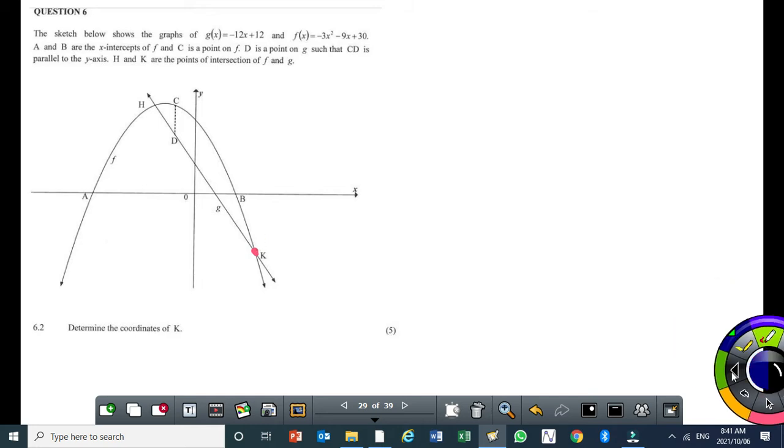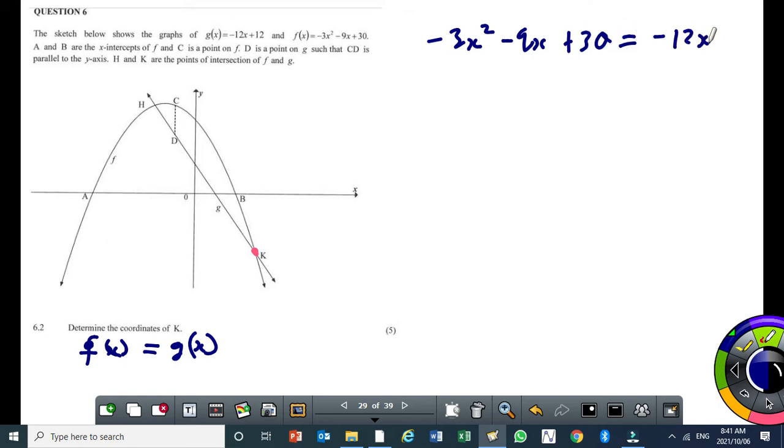So, for this question, I'll start by writing f of x is equal to g of x. You get a mark for equating f of x to g of x. So this will be minus 3x squared minus 9x plus 30 is equal to minus 12x plus 12.